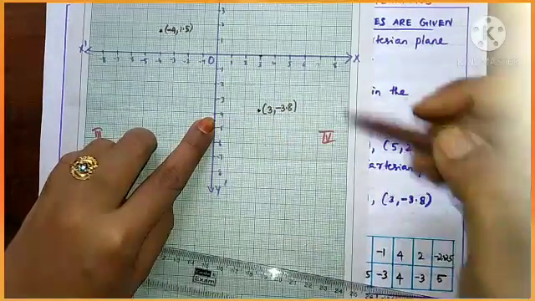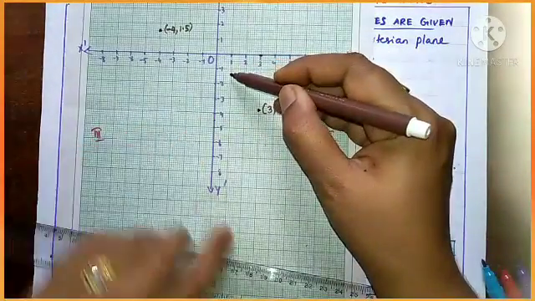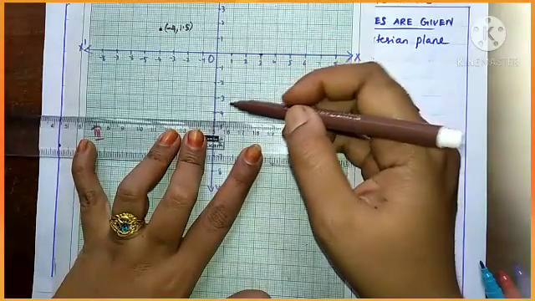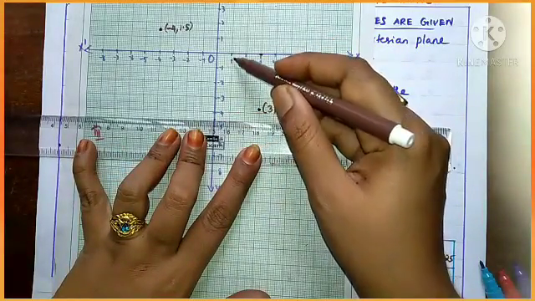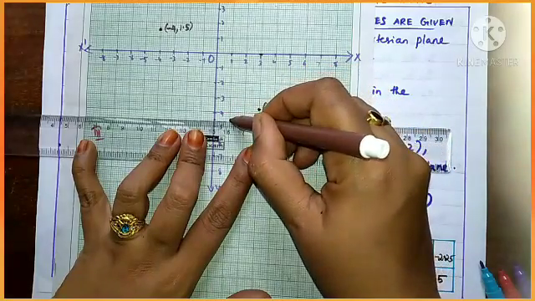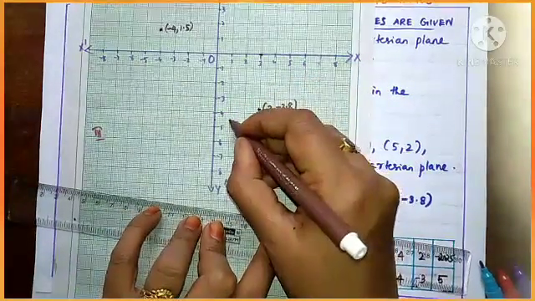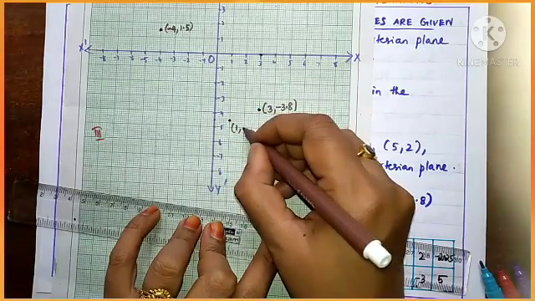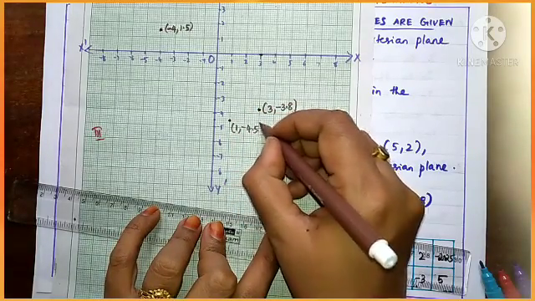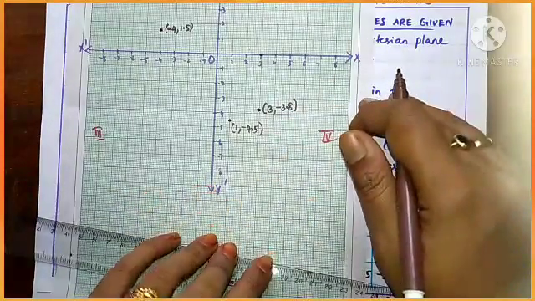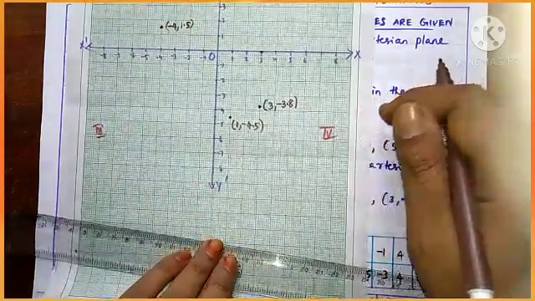So x is 1, no? So x 1 and y minus 4.5. The location is towards 1 and minus 4.5. This is the location. So put a dot there and write 1 comma minus 4.5. Okay, so that is the answer for the problem.